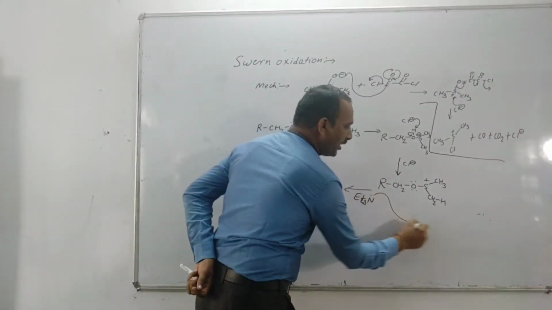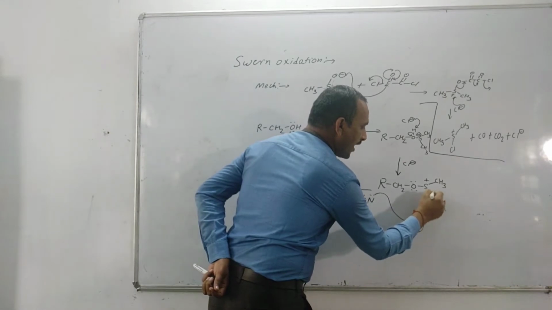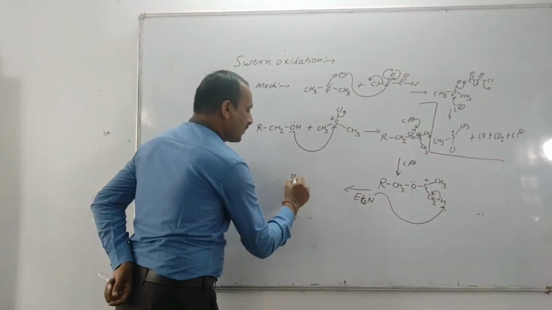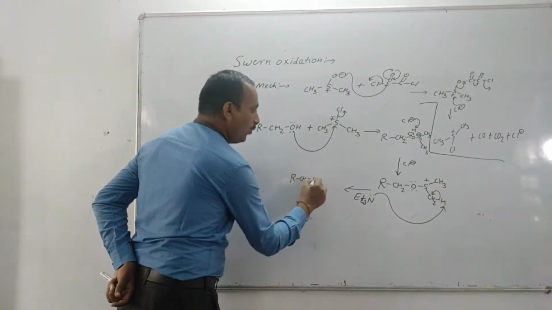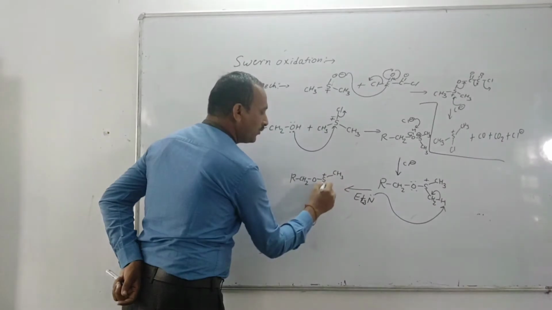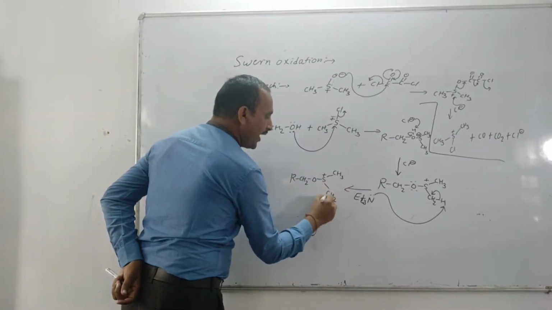It abstracts the proton, forming the carbanion. It forms RCH2 O S plus CH3 CH2 minus.